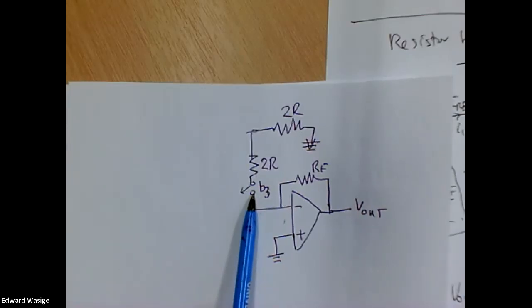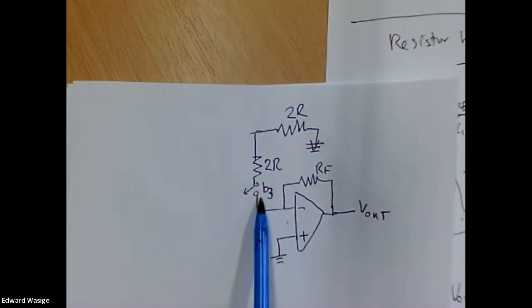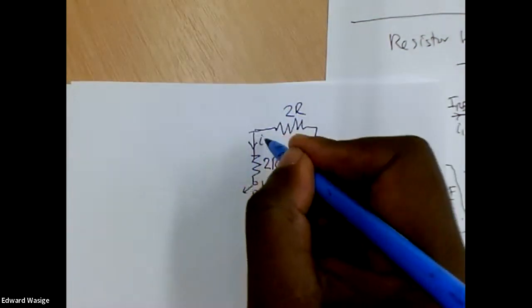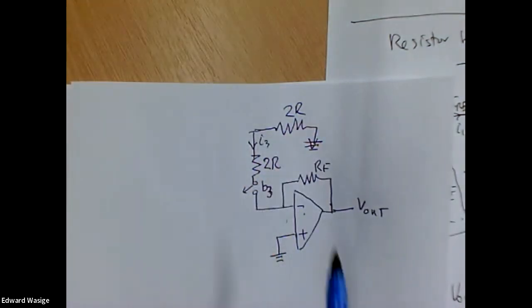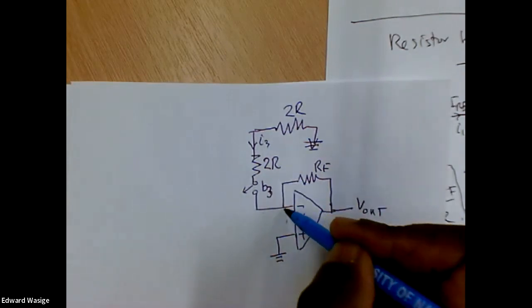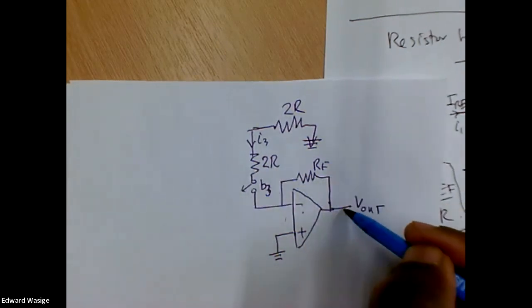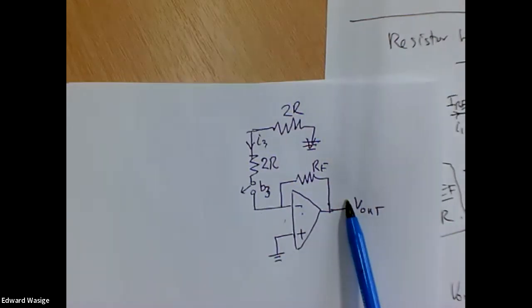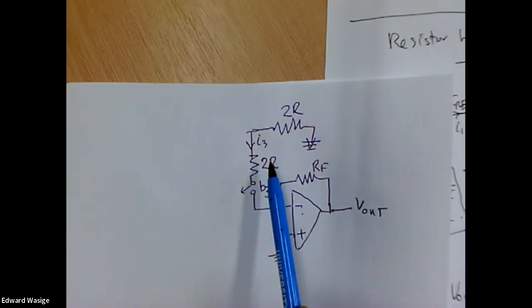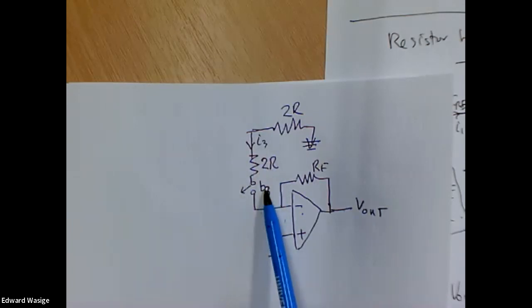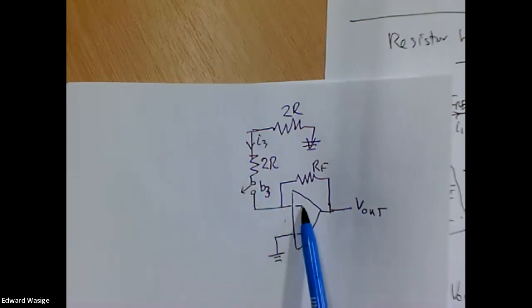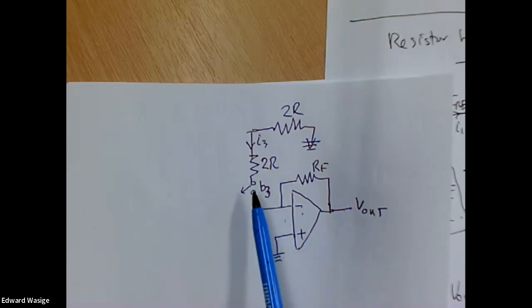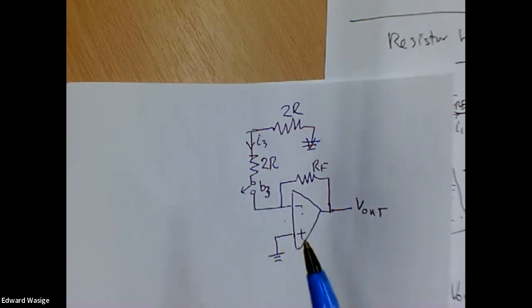So if the switch is connected there, the current I3 will flow into the negative terminal of the op-amp, and all of it comes to the output, and it will contribute to V out. However, if B3 is 0, this current should not come this way because bit B3 is not contributing to the output.